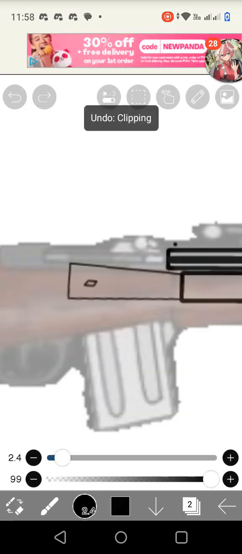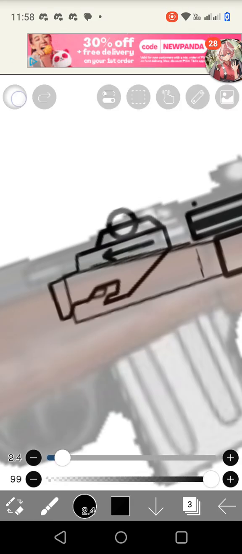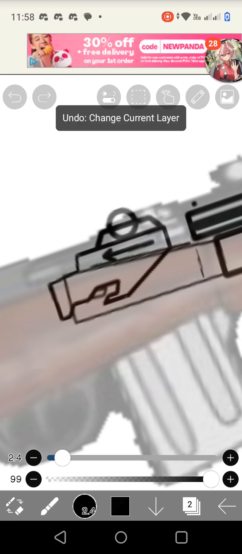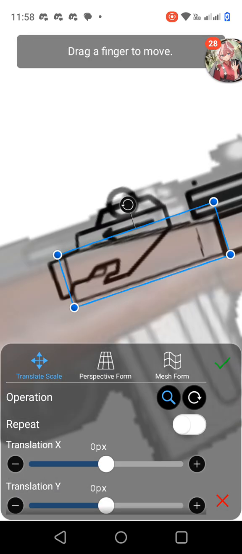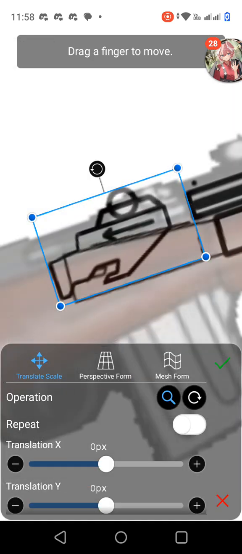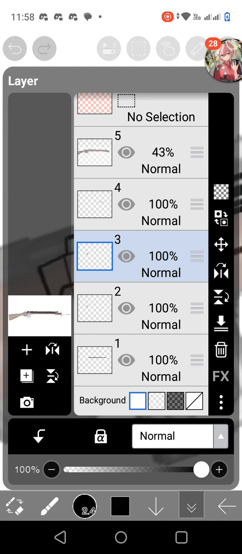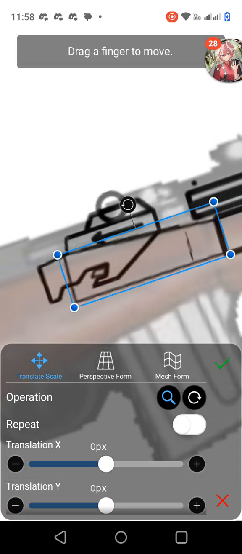Okay, I don't know how to do this actually. Okay, anyways, the bolt moves back. So this one moves backwards like this, which pulls the bolt back with it.